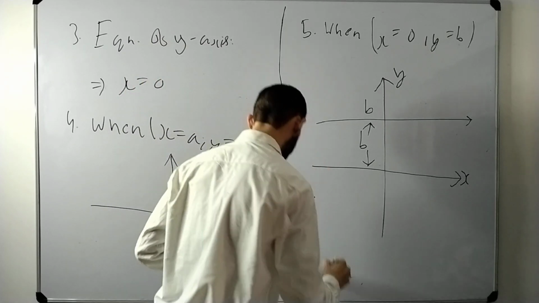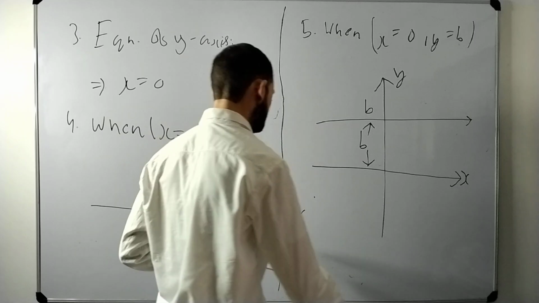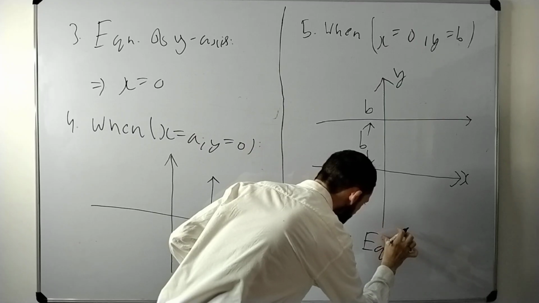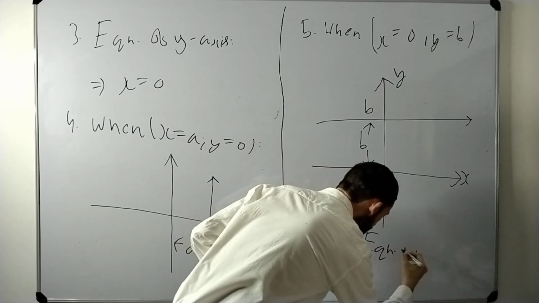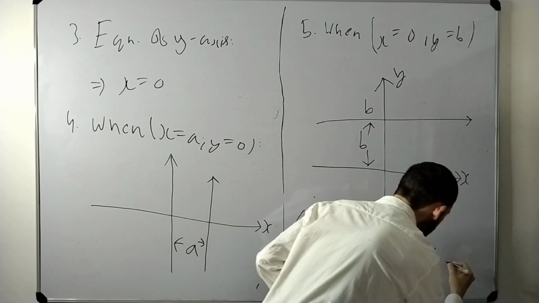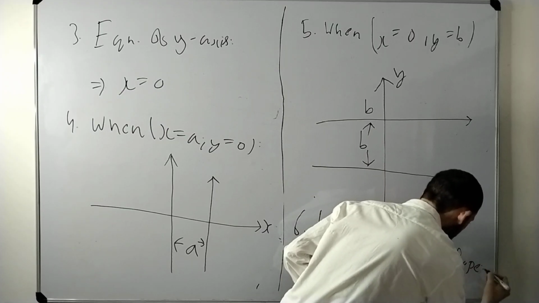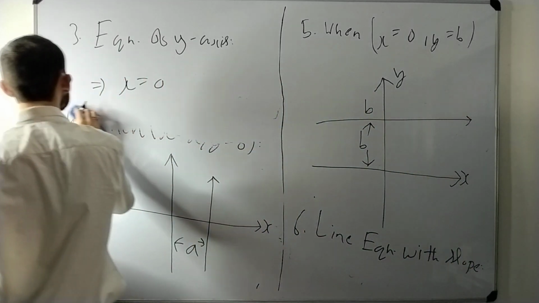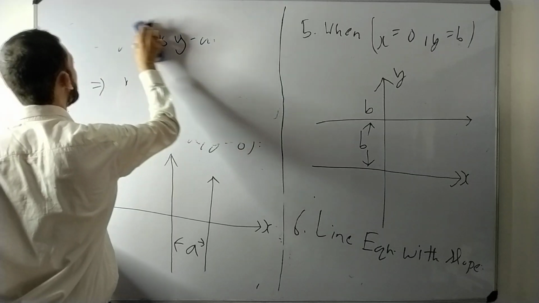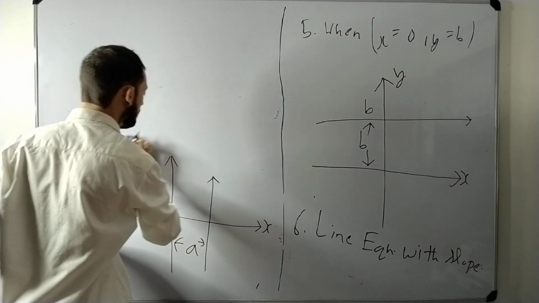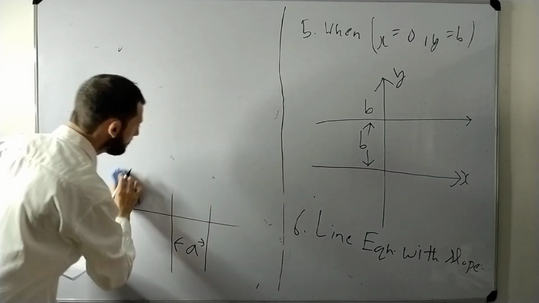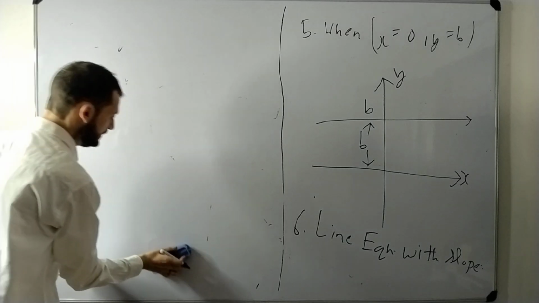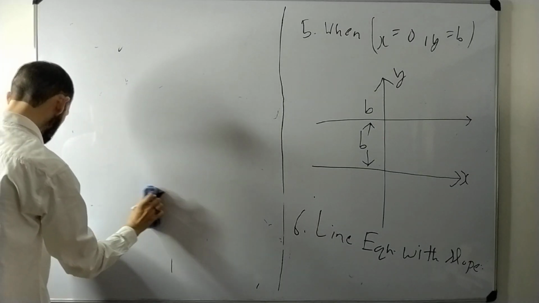Sixth point, line equation with slope. So now you would be dealing with line equation with the slope.